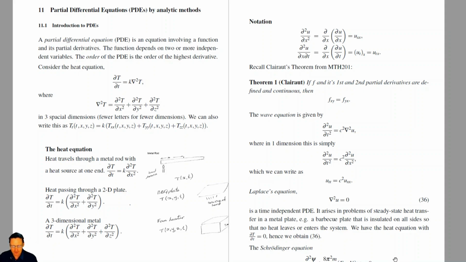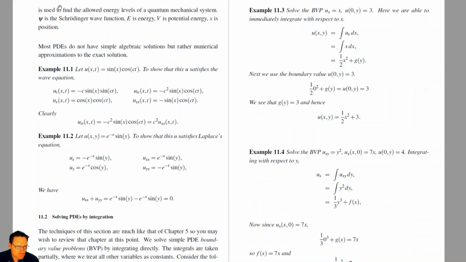So it's a second order partial differential equation of this uppercase psi. And I think that's called the wave function. I don't know. I'm not a physicist, so I'm not an expert in that. All right, so it's used to find the allowed energy levels of a quantum mechanical system. It's the Schrodinger wave function. Okay, there we go. E is energy, V is potential energy, and x is position.